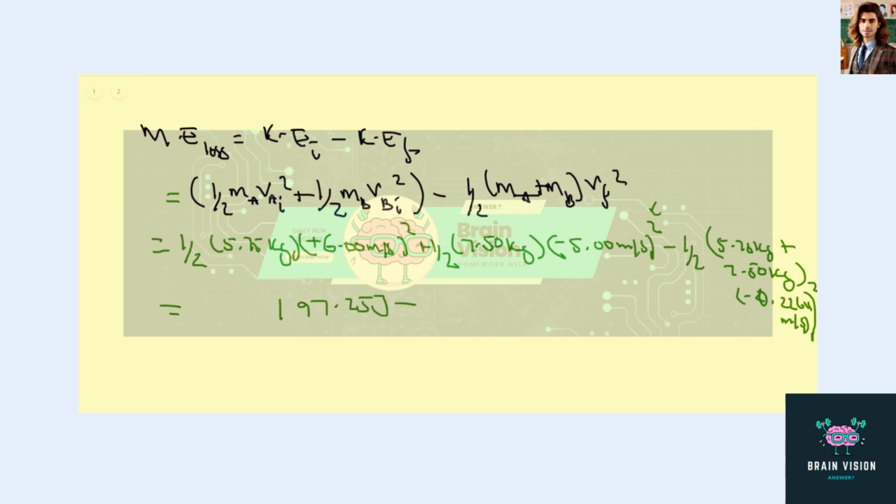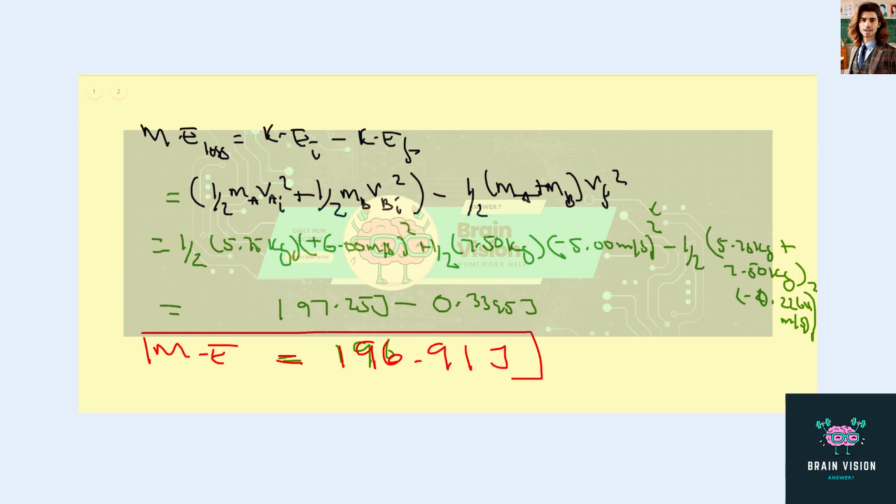You get 197.25 joules, and you subtract the common energy between the two of them, which is roughly 0.3395 joules, and therefore the mechanical energy lost or dissipated in the process becomes 196.91 joules.